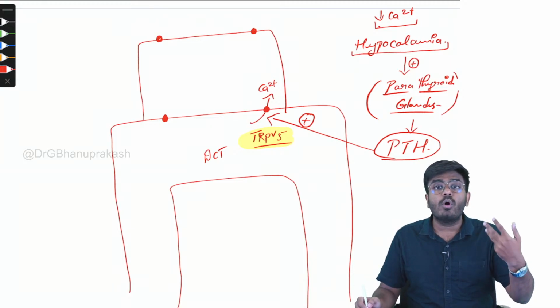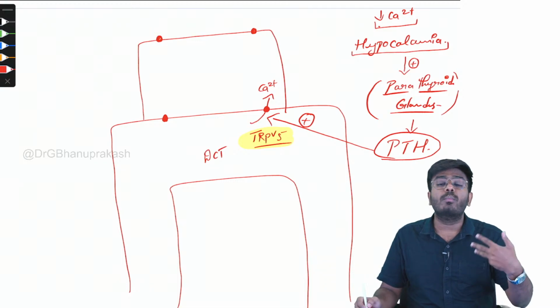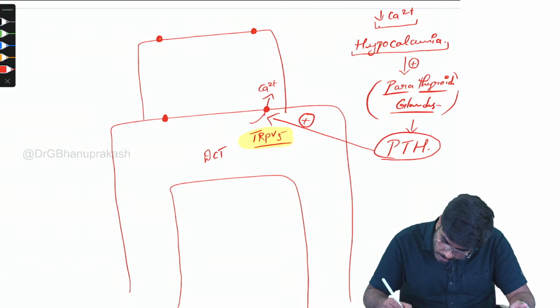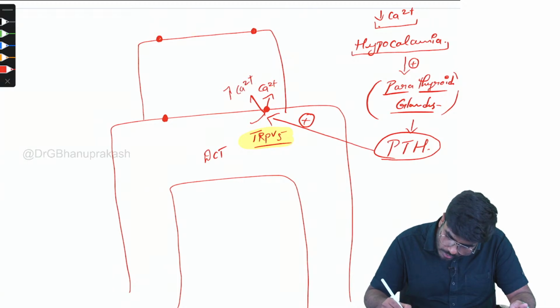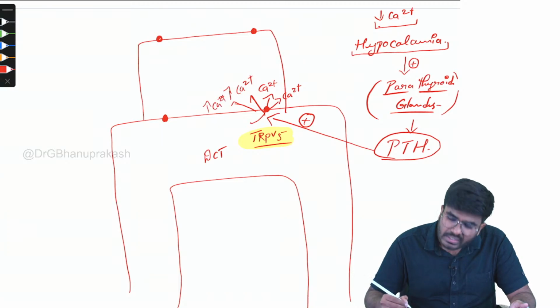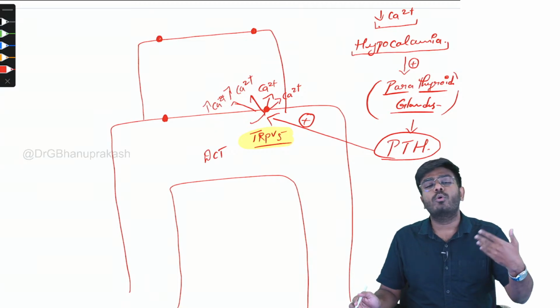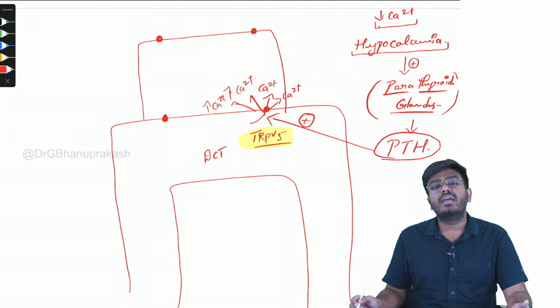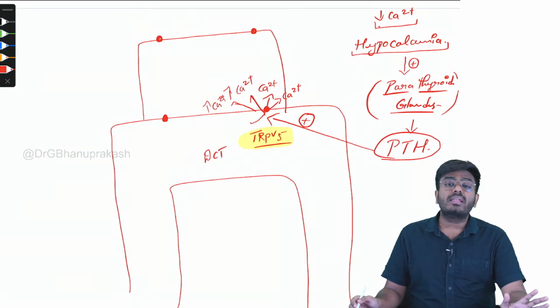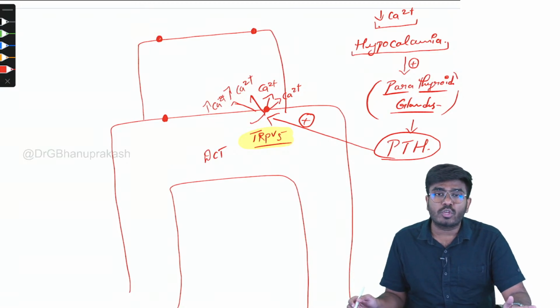It is going to be working more and more. What will happen? More and more calcium is going to be reabsorbed. Is that good or not in this condition? Yes, because the patient is already suffering with hypocalcemia. You are not supposed to lose any calcium in the urine. So can I say parathyroid hormone increases the calcium reabsorption in the kidneys?